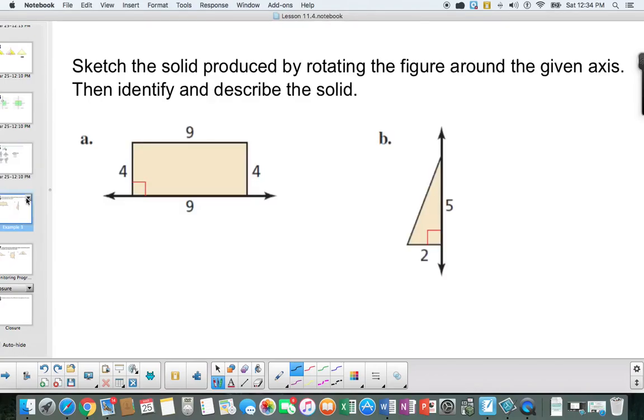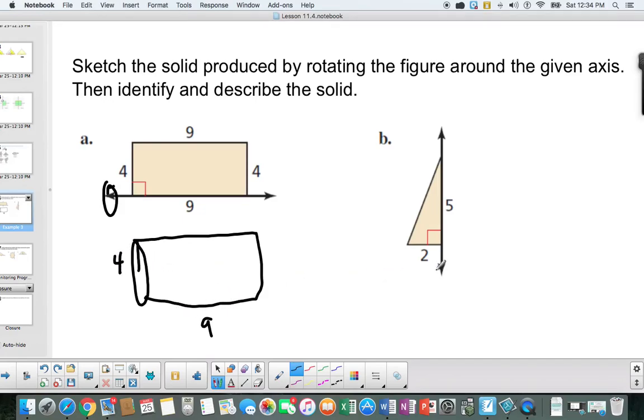Okay, sketch the solid produced by rotating the figure around the given axis, then identify and describe the solid. So we are going to revolve around this axis, which is going to suggest a cylinder. And the cylinder will be 9 as far as the height, and its radius will be 4.